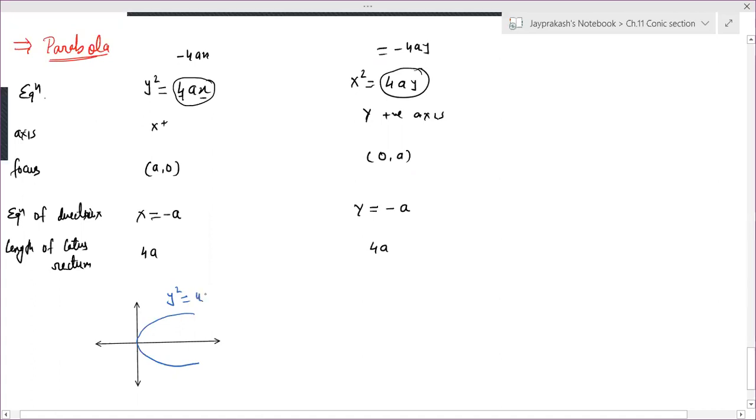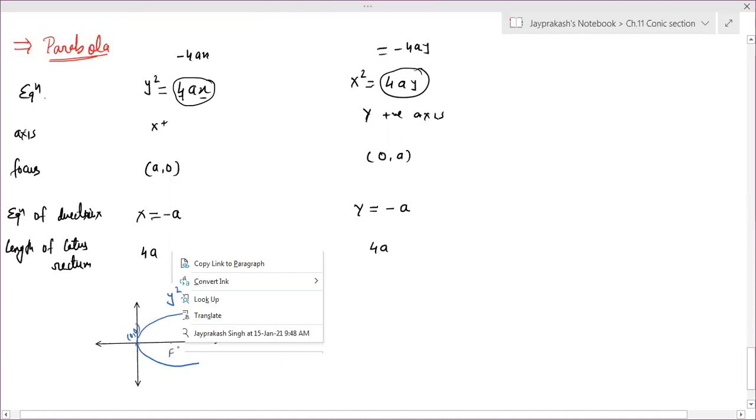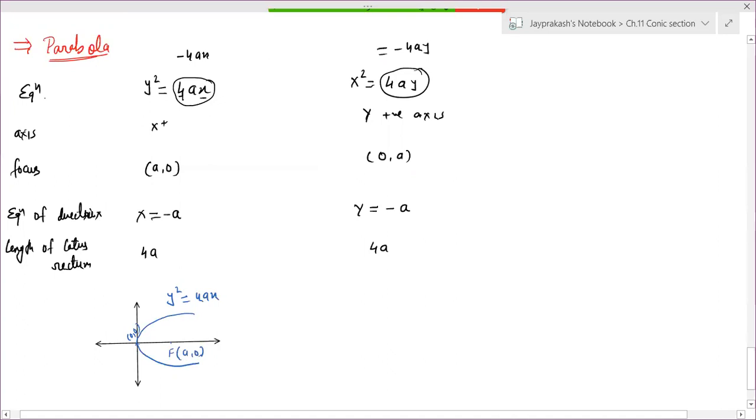If we talk about the vertex, here the vertex is at the intersection of axes, so the vertex will be 0,0. Focus is the point in between, like the center of an ellipse, so that is known as the focus. So we have written here focus a comma 0.